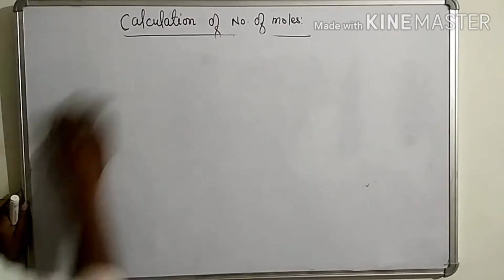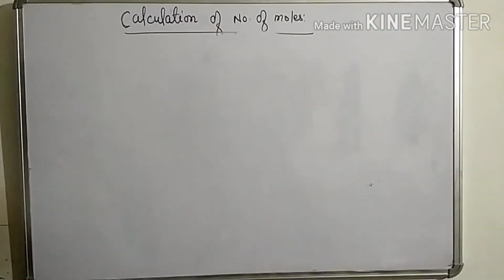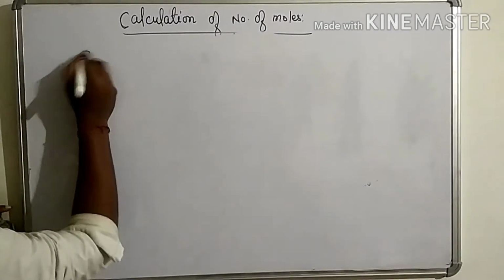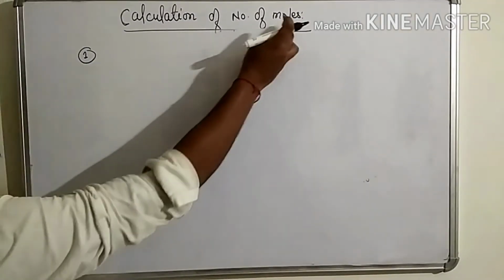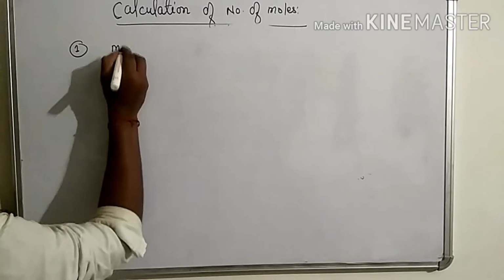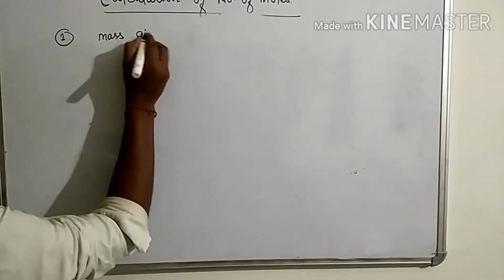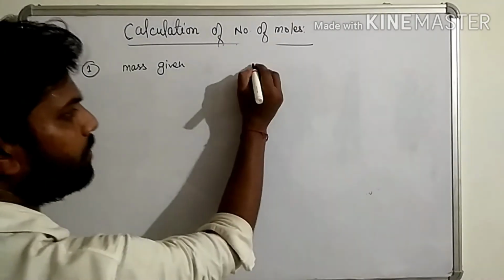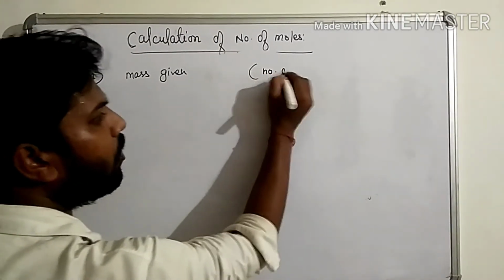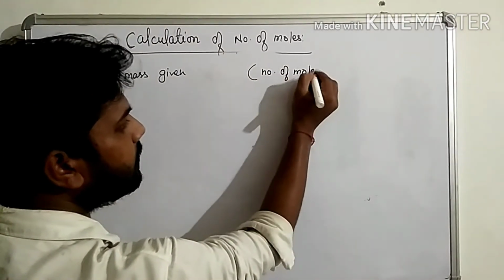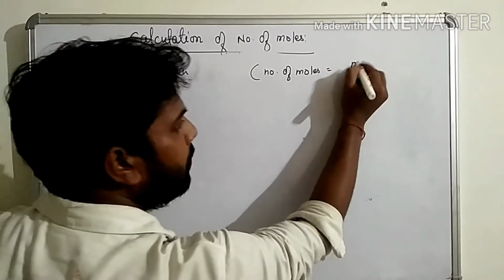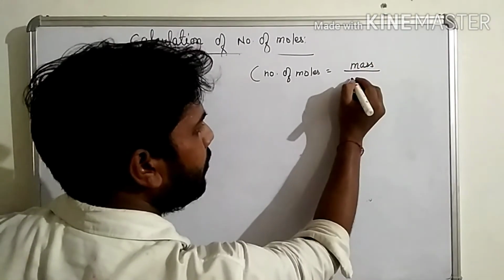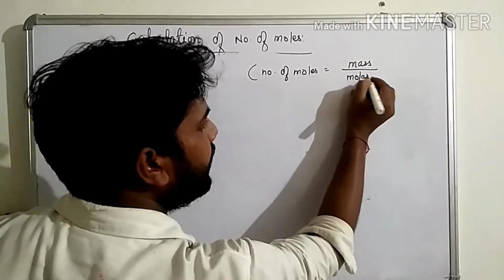Now see, children, first we will read calculation of number of moles on mass given. So children, we have the formula: number of moles is equal to mass upon molar mass.